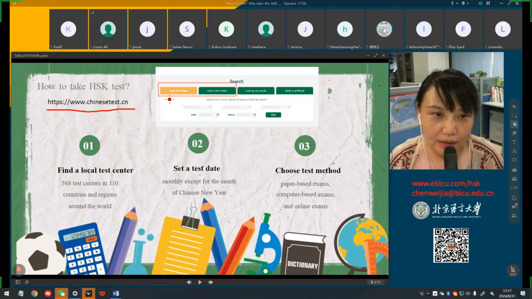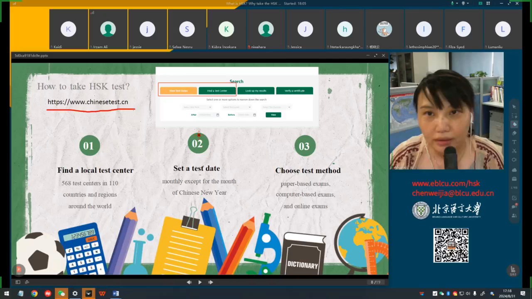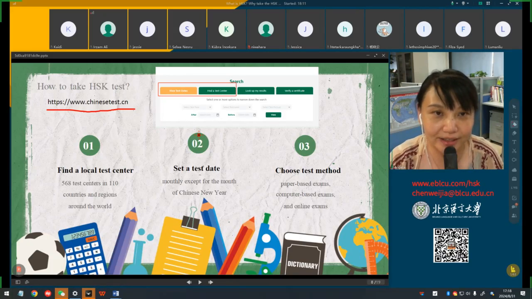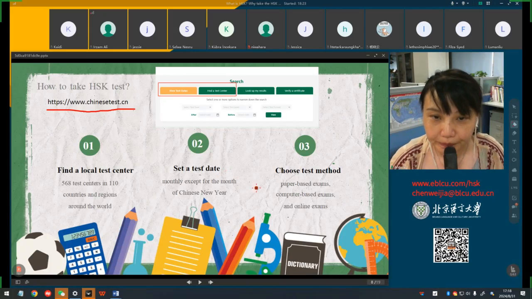You can search the test date and test center from that website. And when you find a test center, they will list the contact information of that test center. If you have a problem about registration, you can just contact the local test center to get the information.